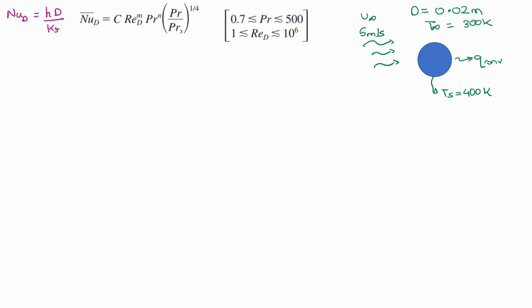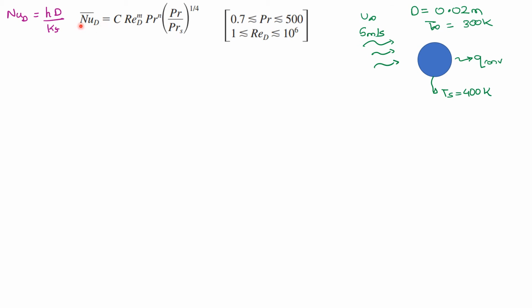So our correlation for Nusselt number Nu is equation 7.45 in your textbook, and this is what the equation looks like.